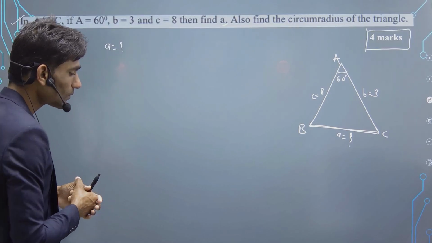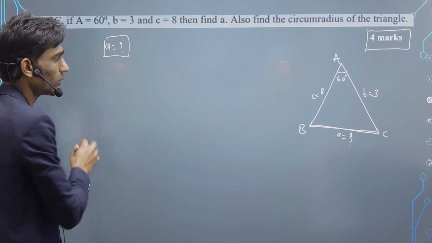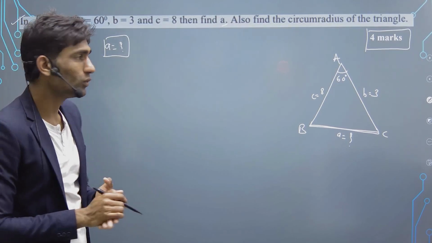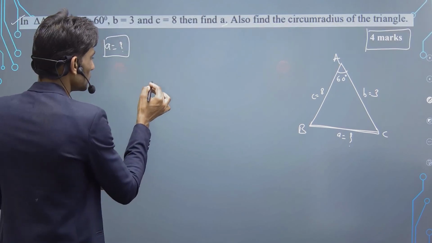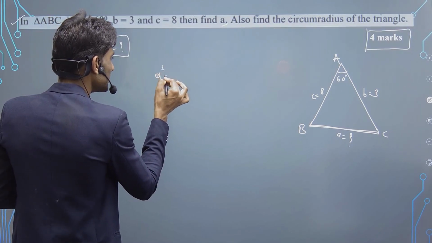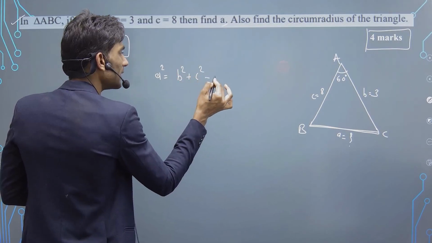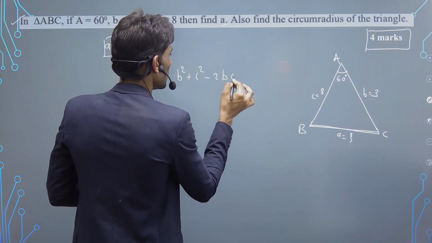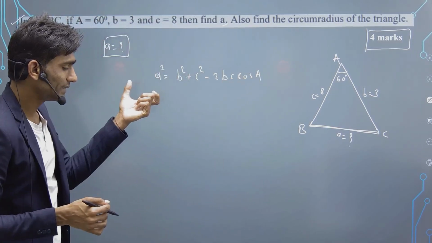First of all, we want the value of small a. So we use the cosine rule for finding the sides. The cosine rule says that a square is equal to b square plus c square minus twice of bc cos A. This is our standard cosine rule.